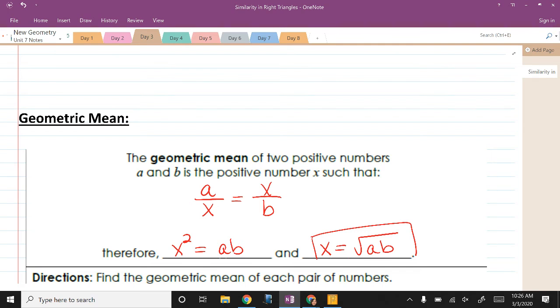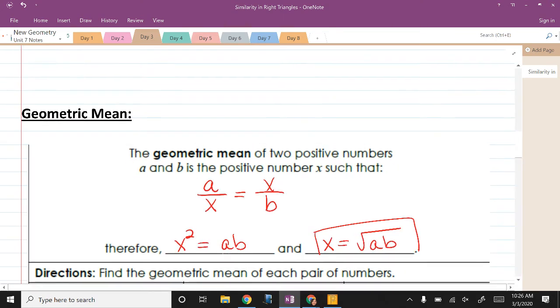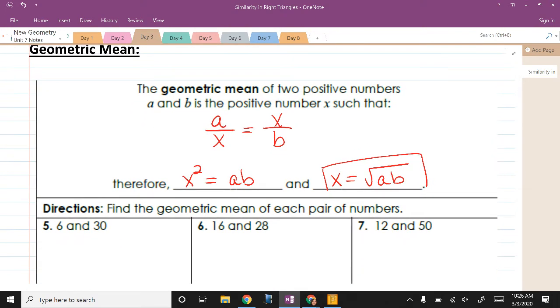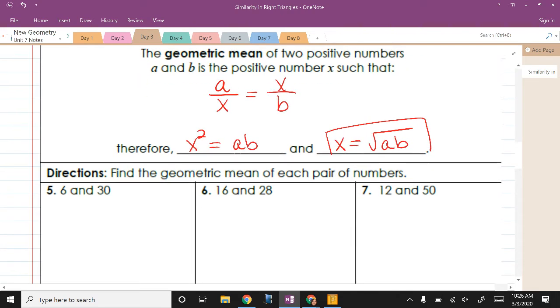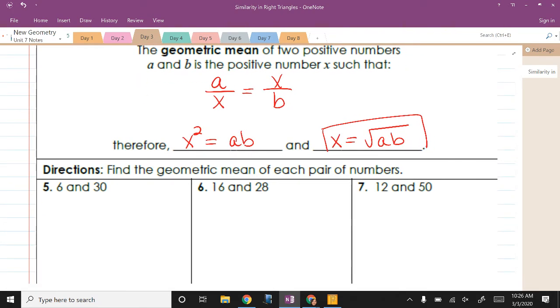Now I've erased all my squares from the board, so we are going to simplify some radicals. Okay? So if it says find the geometric mean between the pair of numbers 6 and 30, that means you're just going to take the square root of 6 times 30. That's it.